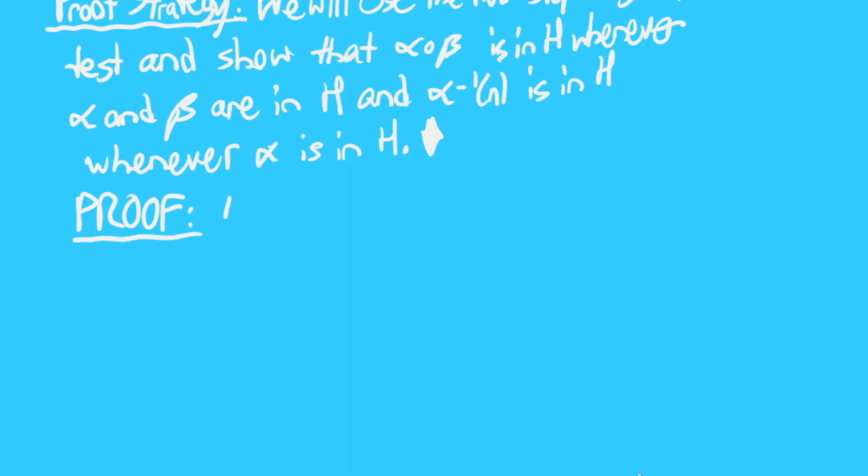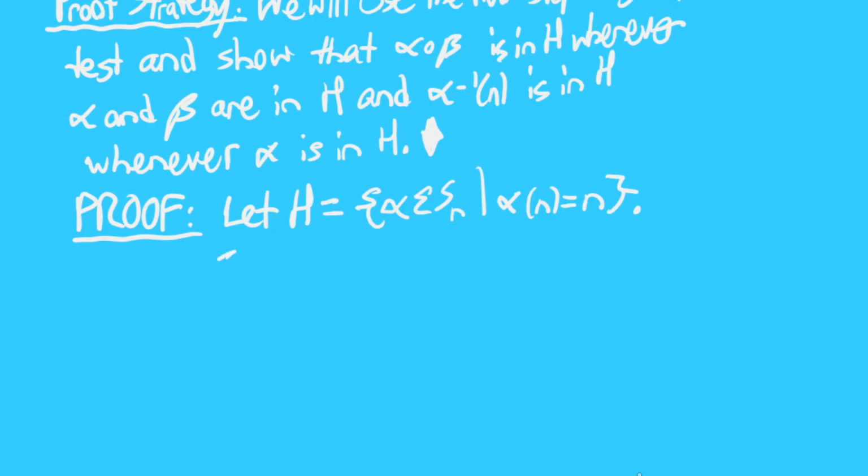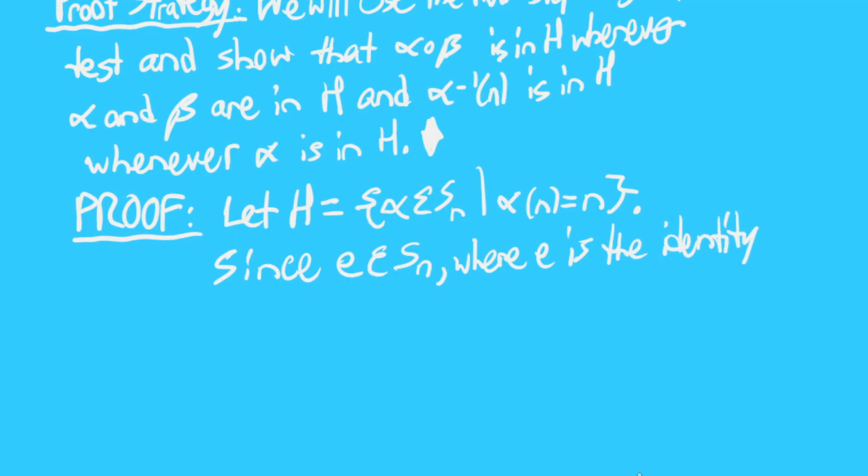So let's let H be the set that we were given. So since E is an element of Sn, where E is the identity, then we have the permutation E of n gives us the identity.